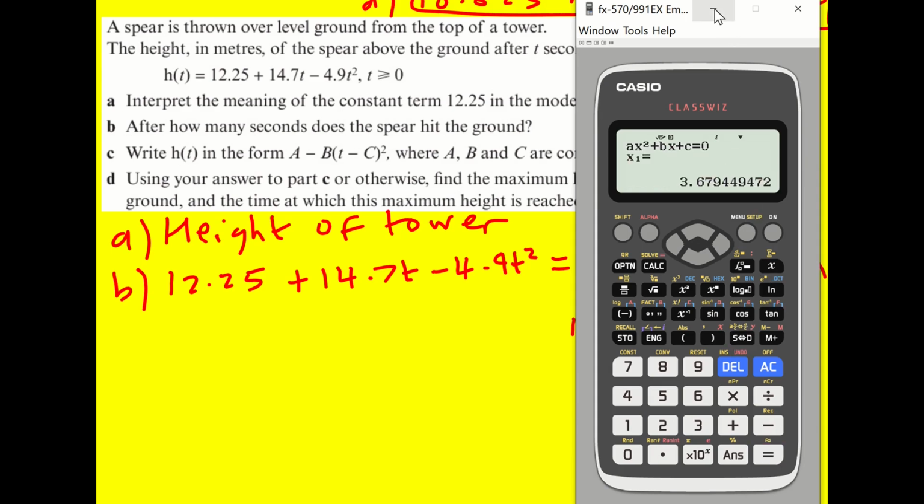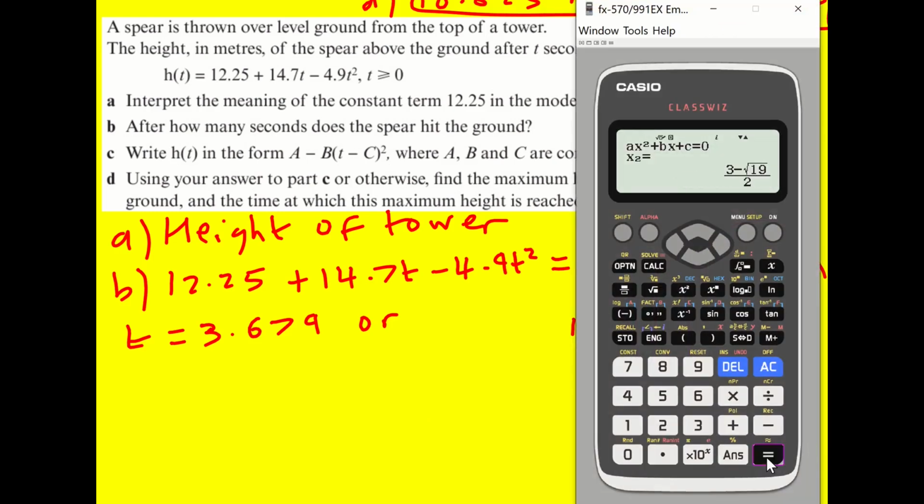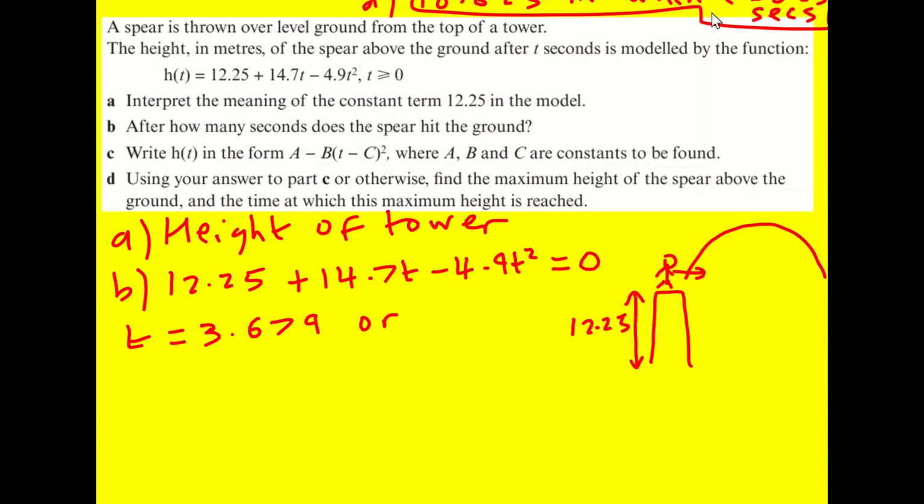We get 3.679. And we're probably going to get another negative, minus 0.679. So reject. And round this one to 3 sig figs, 3.68 seconds.